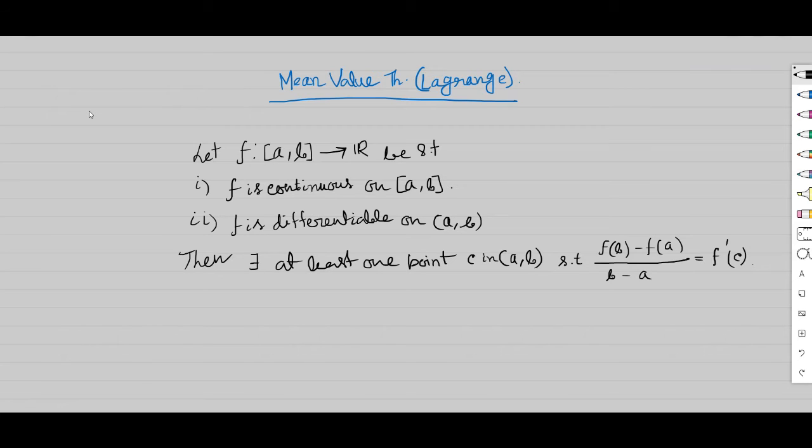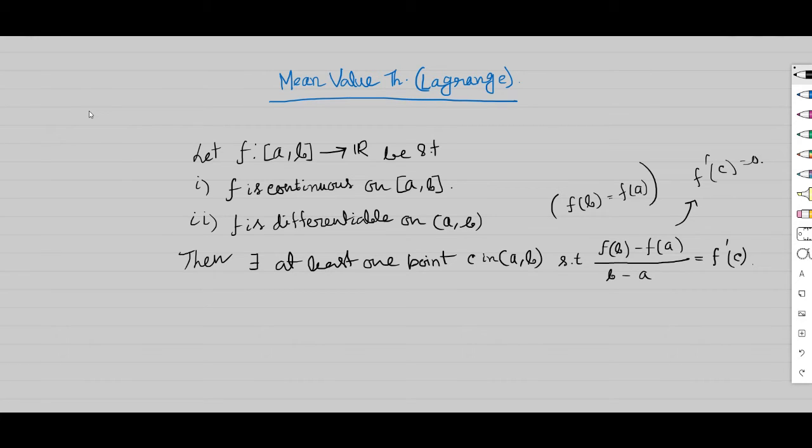So it is quite similar to Rolle's theorem, but it is more general than Rolle's theorem, because if we apply the condition, especially if f(b) is equal to f(a), then we will get from this expression f dash c is equal to 0.